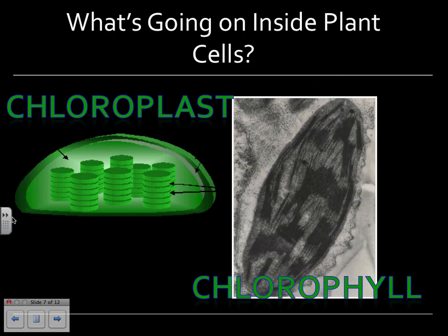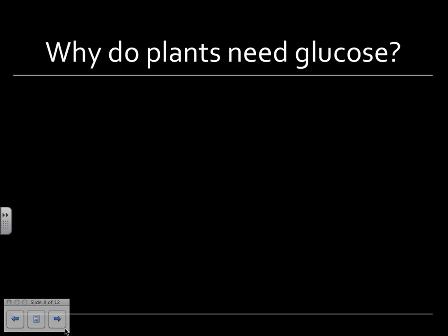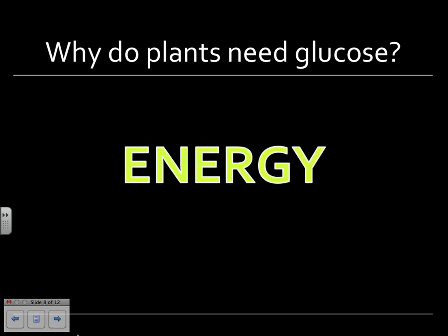Chlorophyll is the pigment that is responsible for trapping sunlight and then converting the sunlight into a different form of energy for the plant. So why do plants need glucose? We just talked about it a little bit. They use glucose for energy.